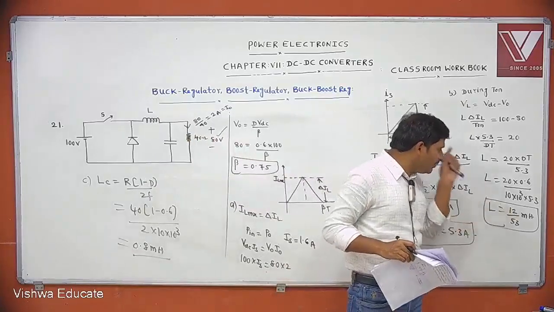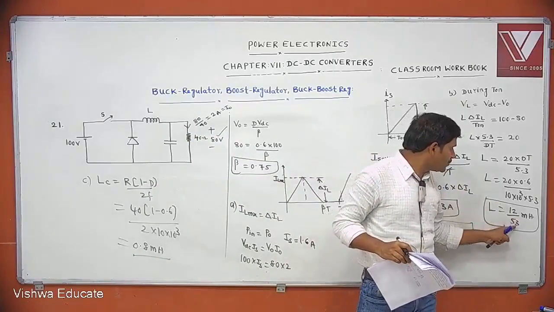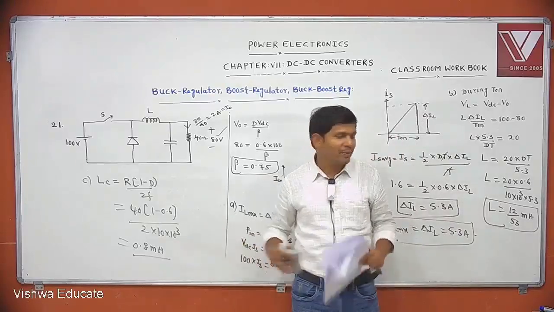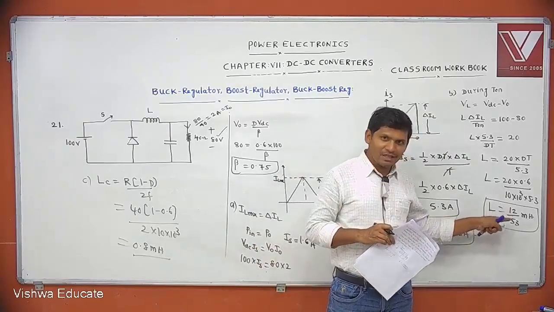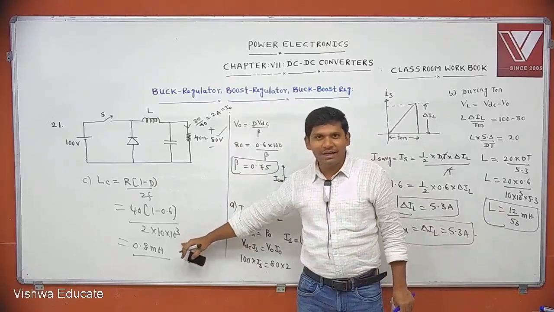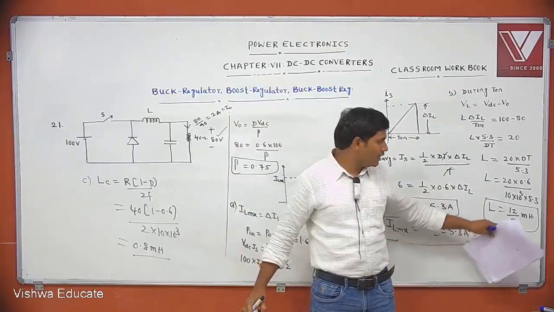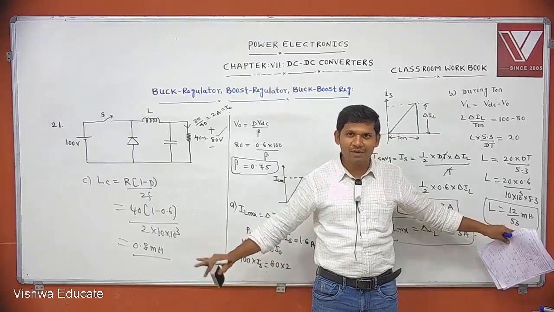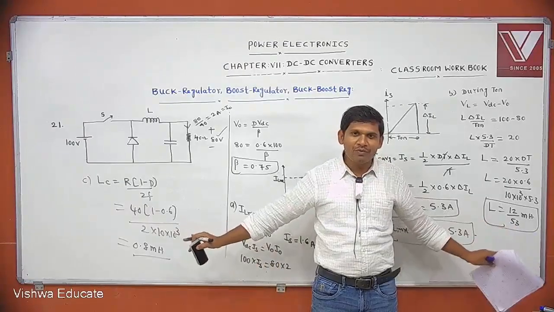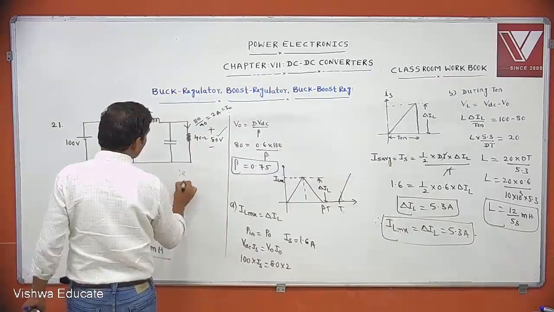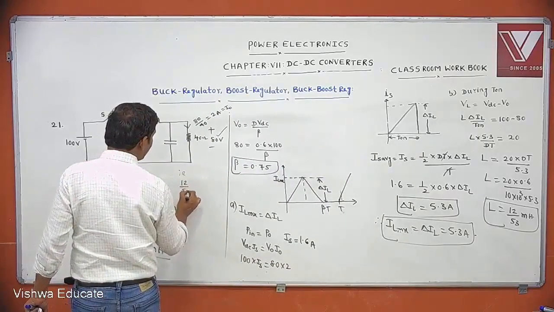12 by 53 millihenry. If you calculate this, 12 by 53 is less than 0.8 millihenry. That means the actual L given in the circuit is less than the critical inductance.